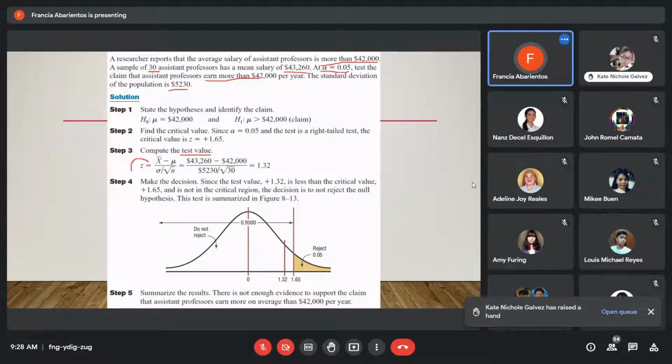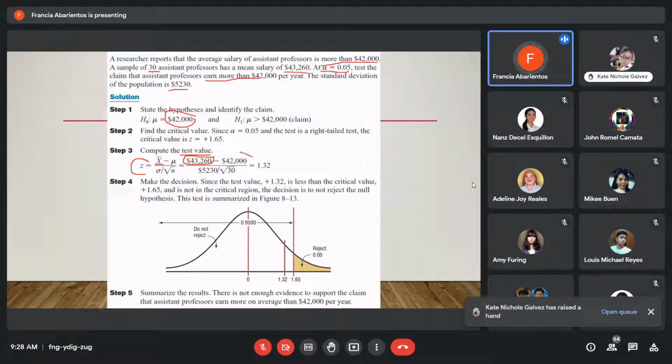We have the Z test, wherein this is now your mean salary that was given in the problem. The mean problem is 43,260 minus the mean that we want to test in the problem. Ito yung iti-test natin, the 42,000. Okay?